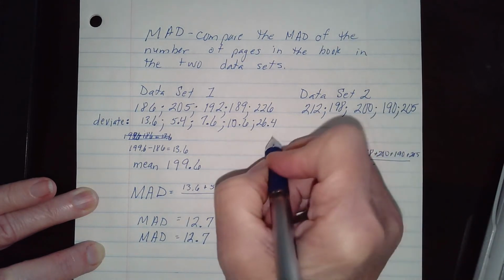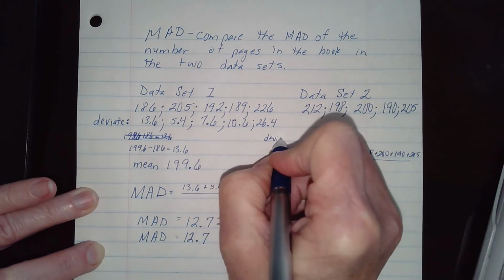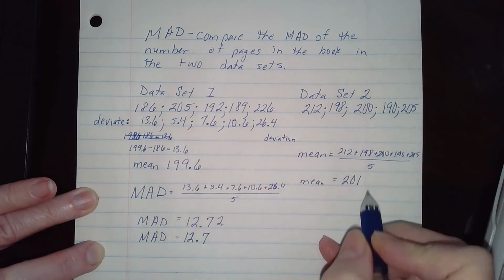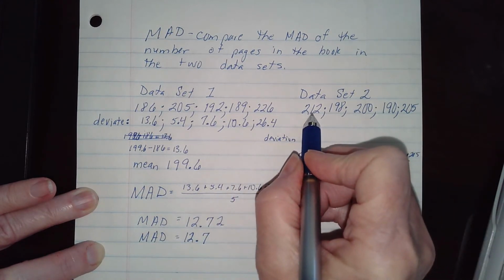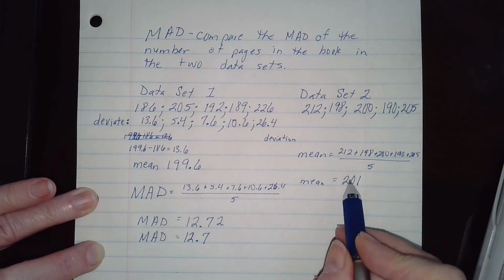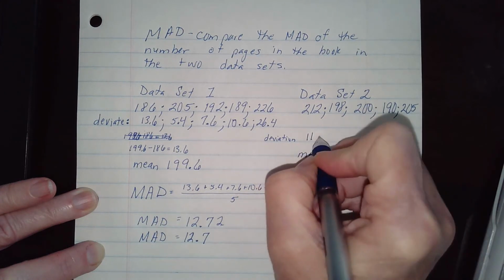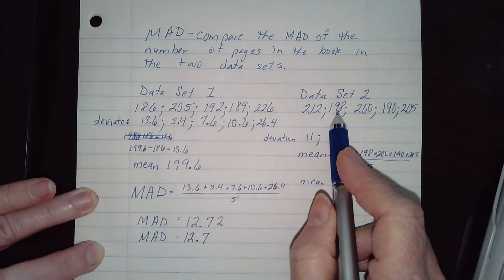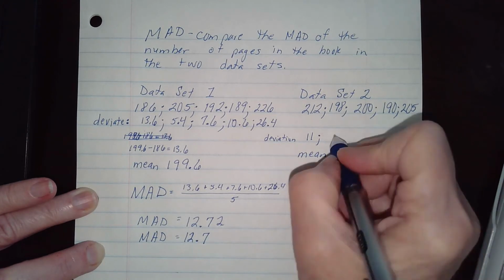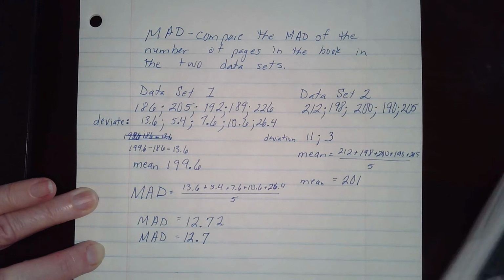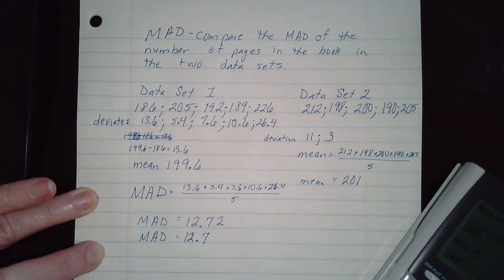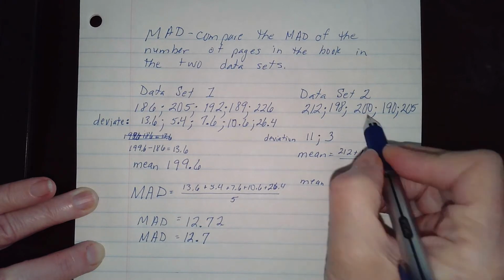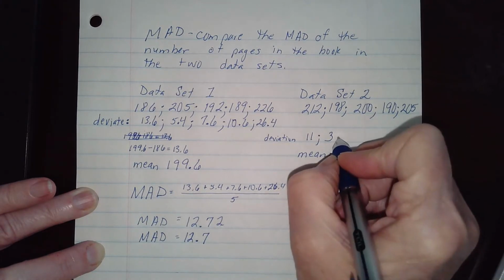So I'm going to look at the deviations. The deviation would be 212 minus 201 for a deviation of 11. 201 minus 198, I believe that is 3. Double check my math. Yep, it's 3. 201 minus 200 is 1.